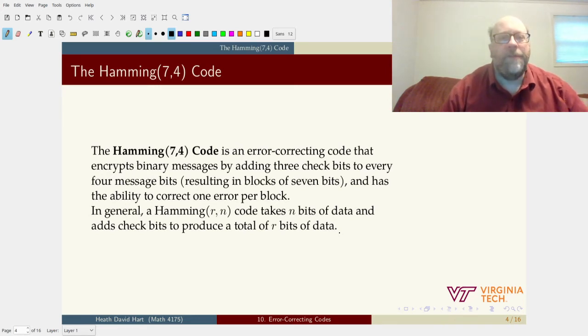So the Hamming 7,4 code is an error correcting code that encodes binary messages by adding 3 check bits to every 4 message bits.